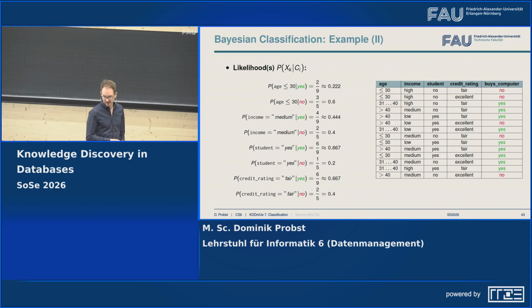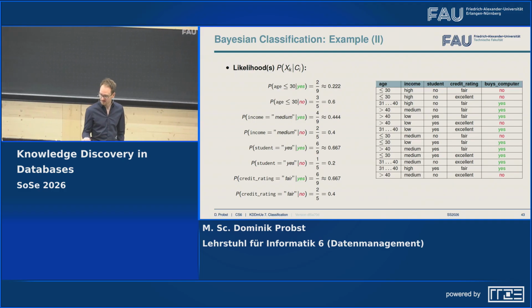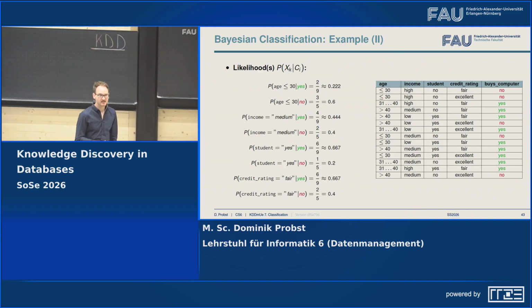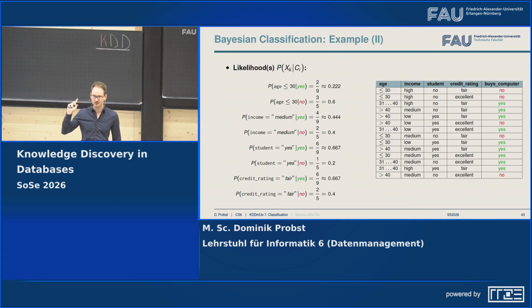Small side note, we had a little error in these calculations once I uploaded the slides last week. I corrected that error, and the corrected slides are now on Studon.